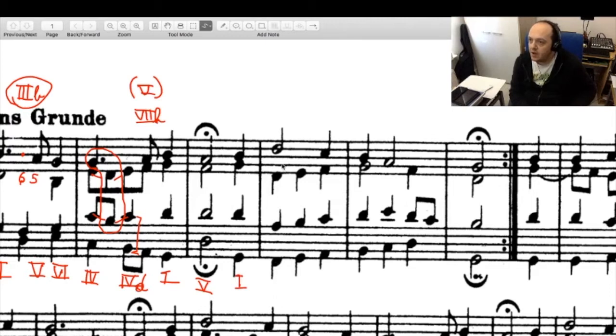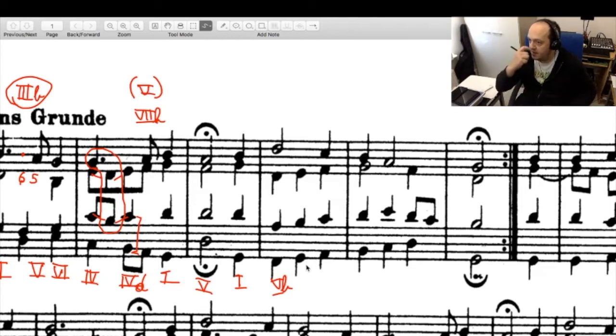This is chord 5B, 5 in first inversion. Re, fa, la. 5 in first inversion. Nice spacing between the bass and the tenor. Nice wide spacing.